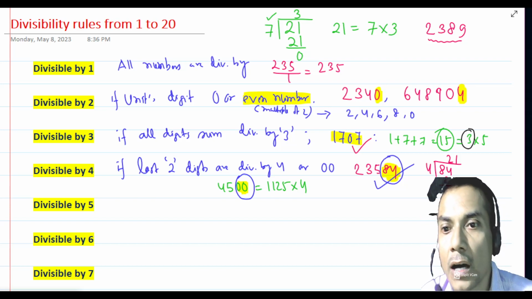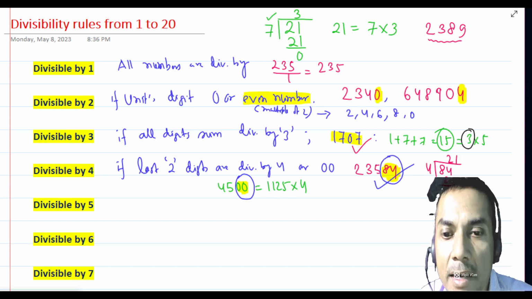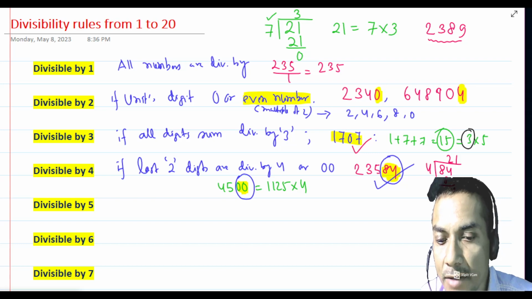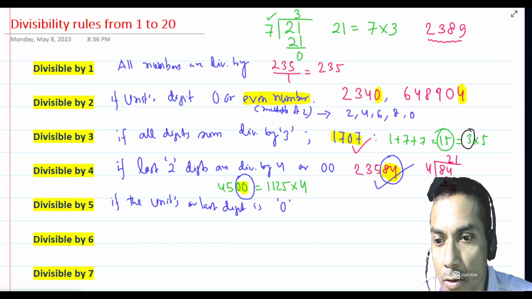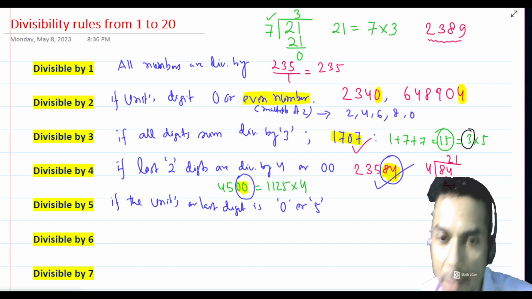Next, how can you check whether a number is divisible by 5 or not? If the last digit, the unit digit, is 0 or 5, then it is divisible by 5.